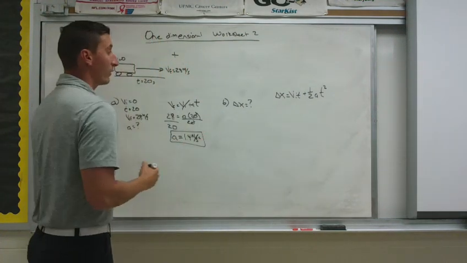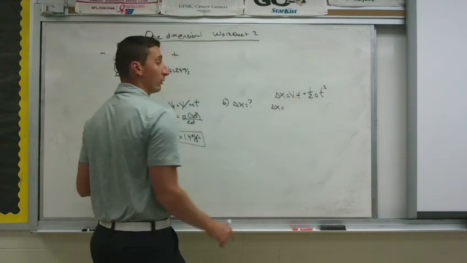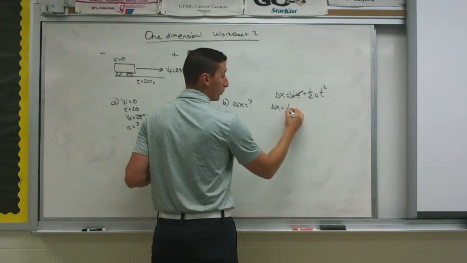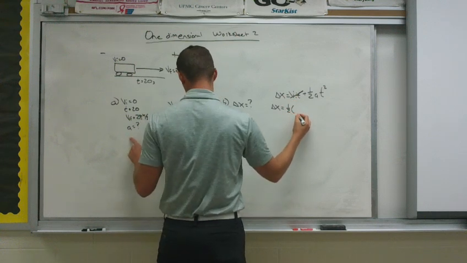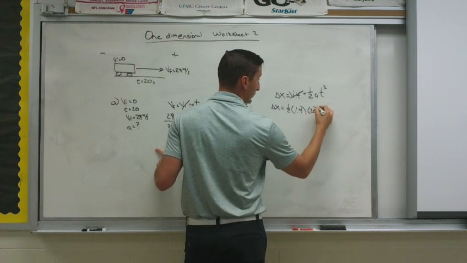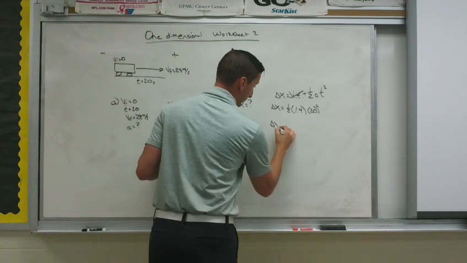So again, I use the same variables here. I'm looking for delta x. VI is 0, so 0 times anything is 0, so that cancels out. I have 1/2, A I found to be 1.4, and I have 20 squared. Solve.